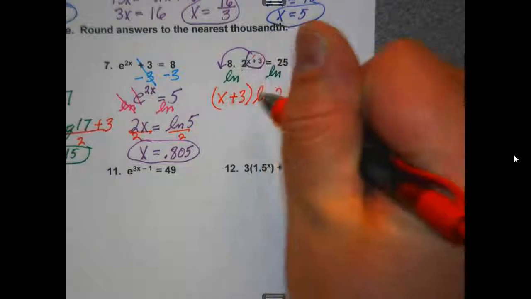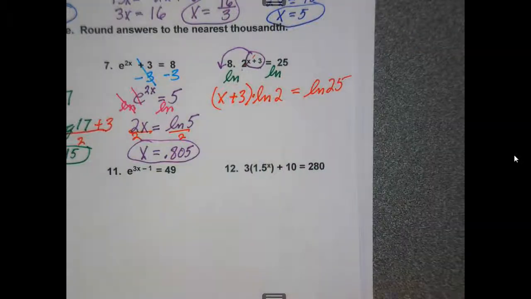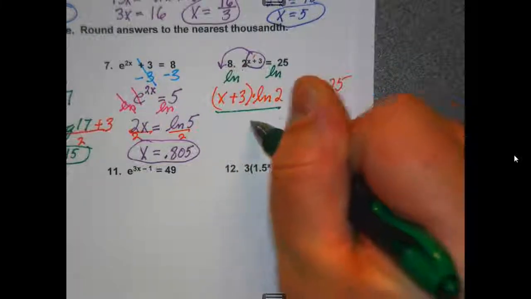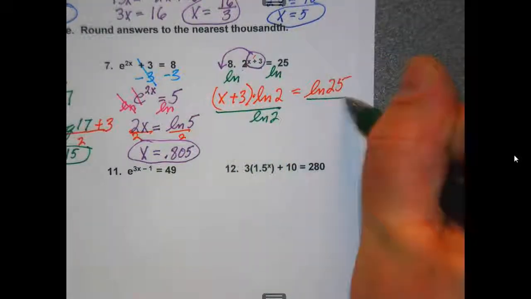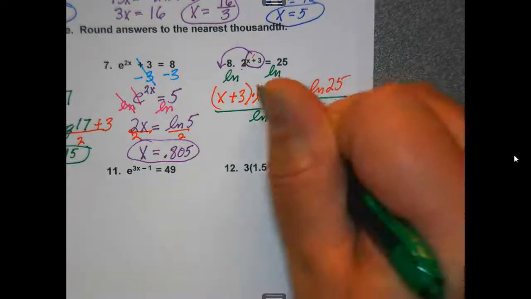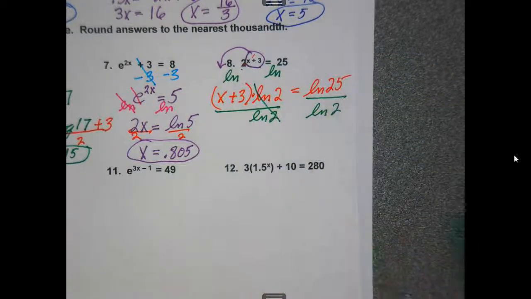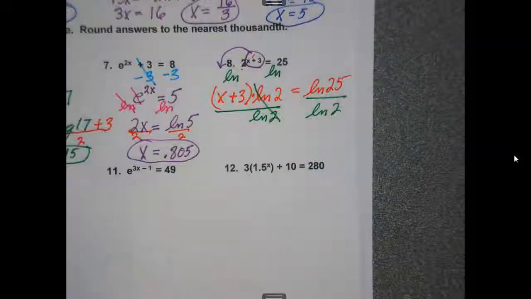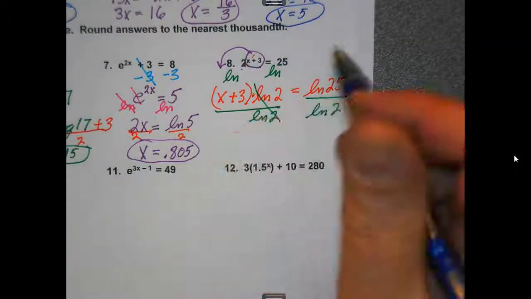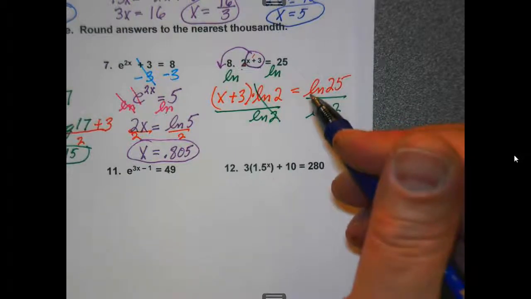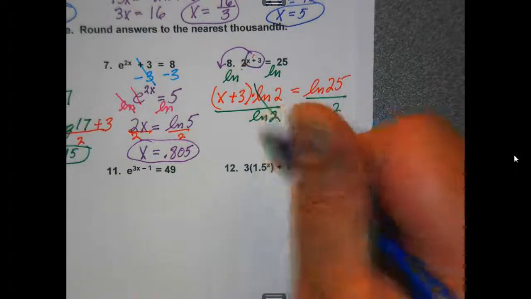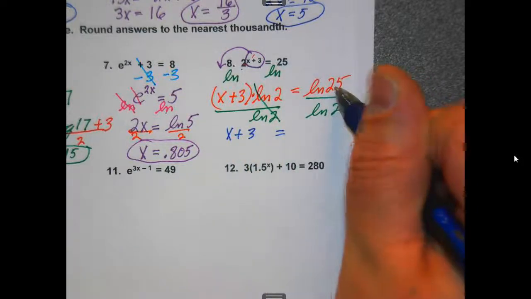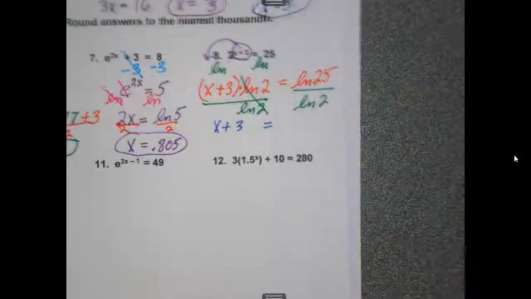There's multiplication between these two, right? So what am I going to do with the ln of 2? Divide it so that I can get x plus 3 by itself, right? You could use log. So I get x plus 3 equals ln of 25 over ln of 2. Well, let's go ahead and figure what that is.